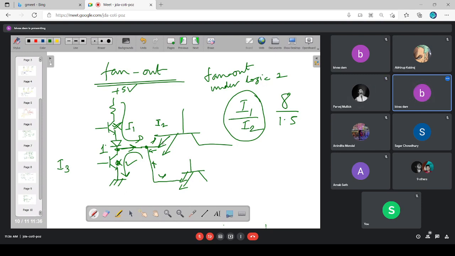Yes, sir. Let us assume the maximum forward bias current that can be provided by each PN junction is I4. So once again, the fan out under logic 0 condition will be the integer value of I3 by I4. Is it clear? Yes, sir. Now, the minimum of these two fan out values will be the fan out of the device.